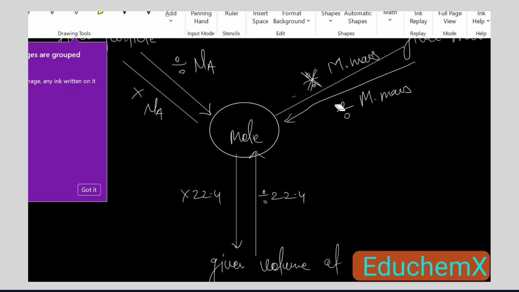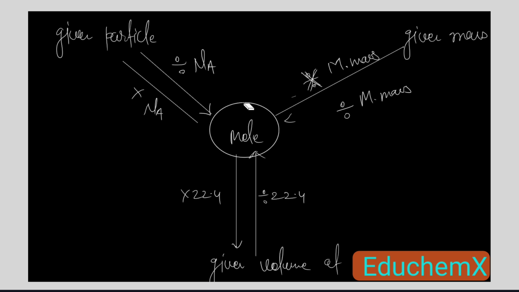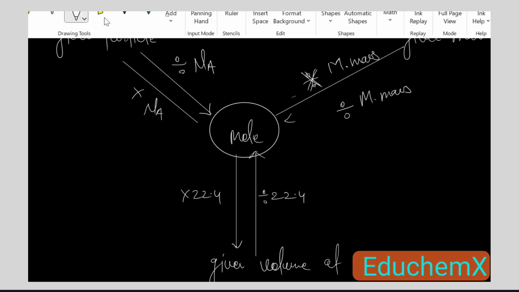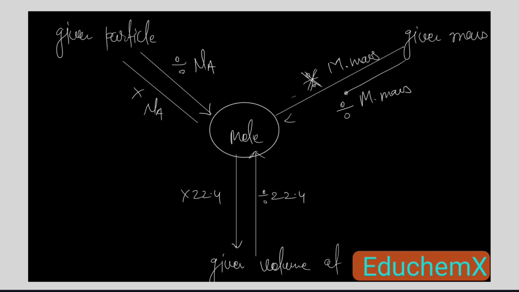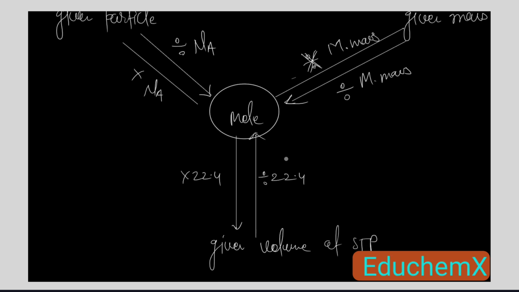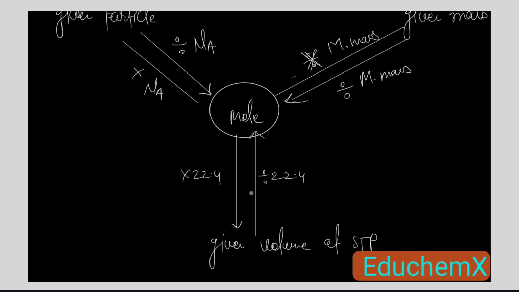In this way you can make a shortcut trick, which is important. From the given particles, when you have to find the moles, you just divide by the Avogadro number. When you have to find the number of particles, you just multiply the Avogadro number by the moles, and you get the given number of particles, right? So these are very important and very easy formulas, everyone.